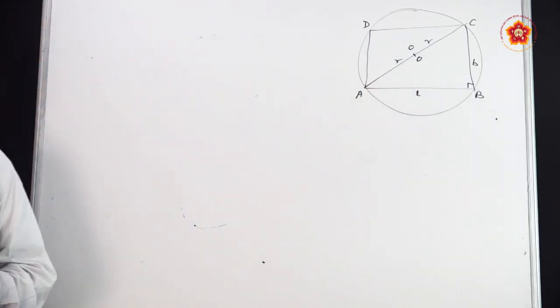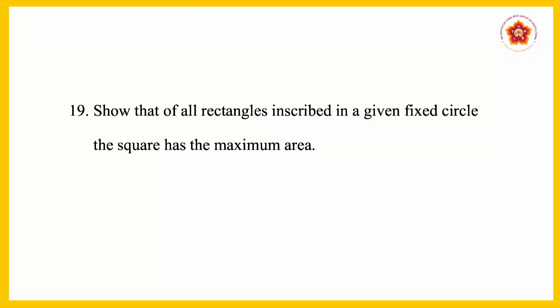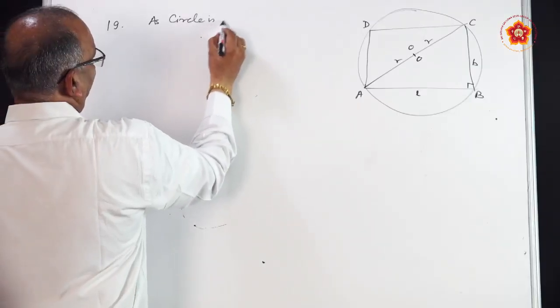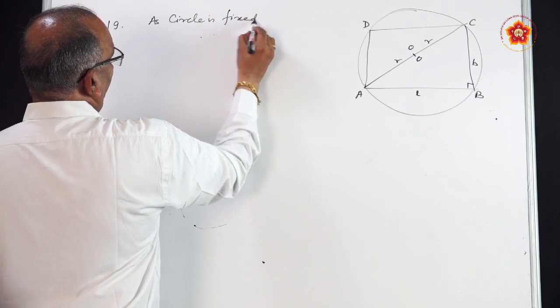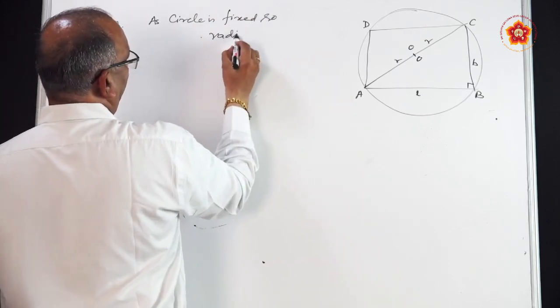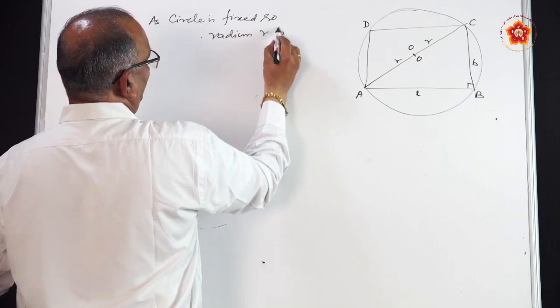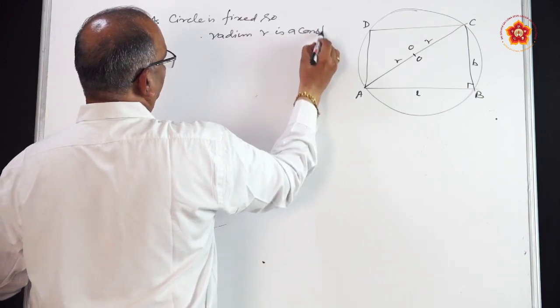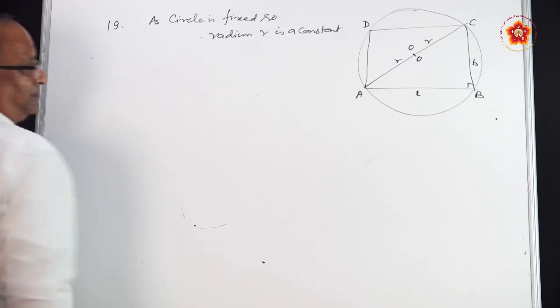Read the question again. Show that of all rectangles inscribed in a given fixed circle, this is problem number 19, as the circle is fixed, so radius r is a constant. Means you don't need to consider it as a variable.